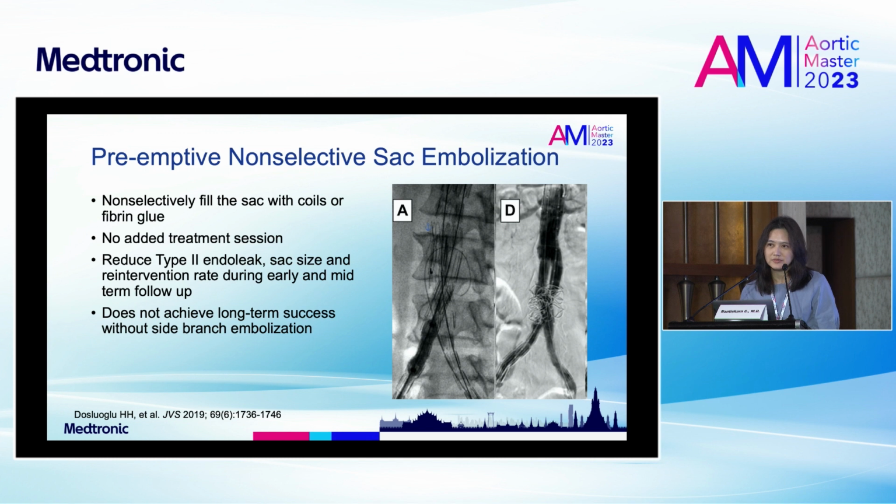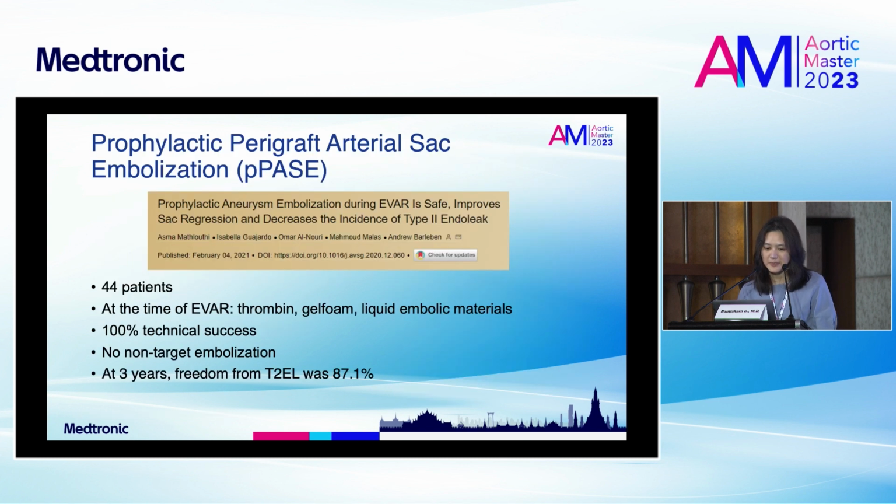It is done during the EVAR procedure with no added treatment session, so it's quite easy because you don't need to select into the side branch. It's reported to reduce type 2 endoleak, sac size, and the reintervention rate during early and midterm follow-up, but it still does not reach long-term success. This is another data from the United States in 2020.